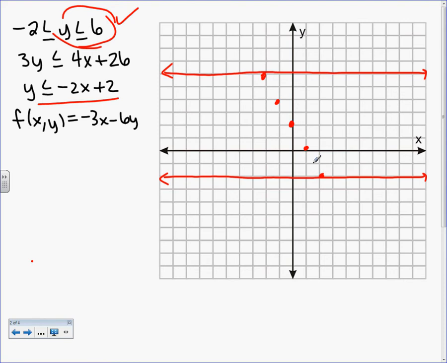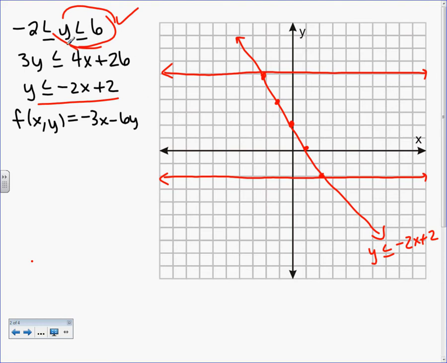Down 2, right 1, down 2, right 1. Up 2, left 1. So you graph that line. I am going to go ahead and label it y less than or equal to negative 2x plus 2. Okay? Just in case later I need that. I don't know if I need it or not, but it couldn't hurt.